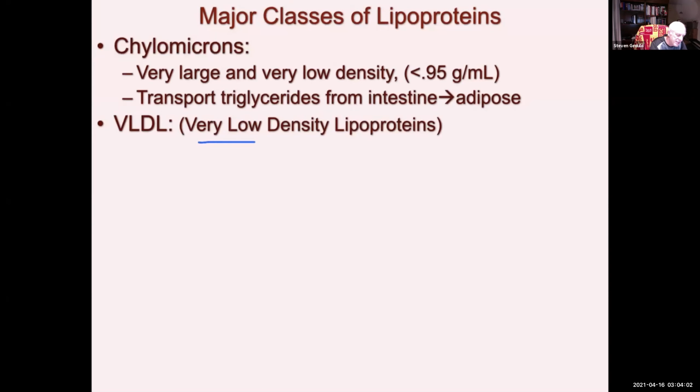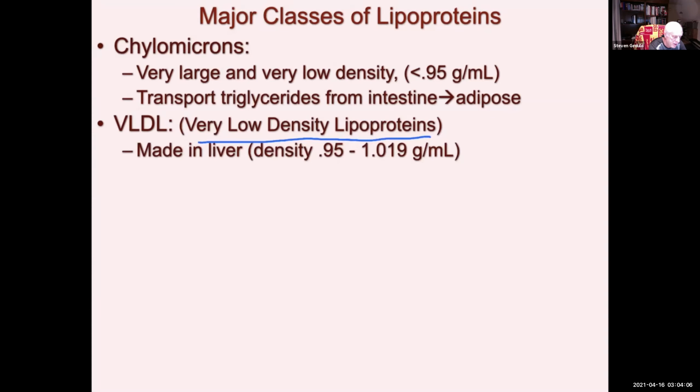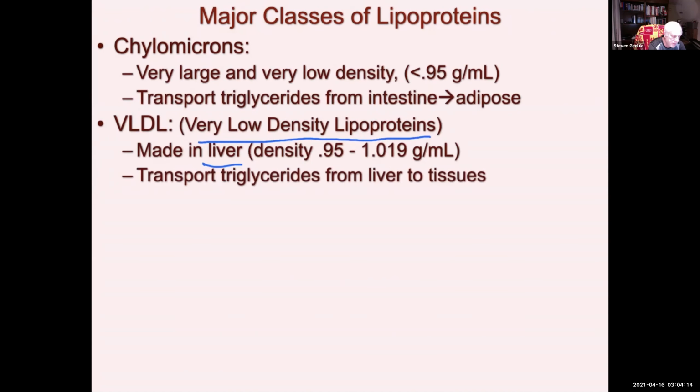Very low density lipoproteins, VLDL, are made in the liver, and they have a density of 0.95 to 1.019. They transport glycerides from liver to tissues. So the chylomicrons go from your intestines to your adipose sites. Your very low density lipoproteins go from your liver to other tissues of the body.